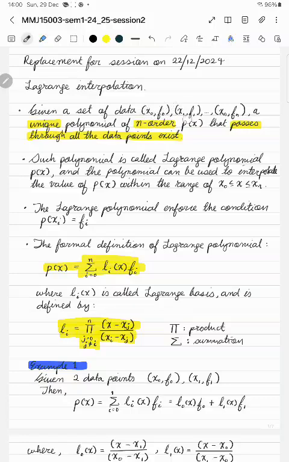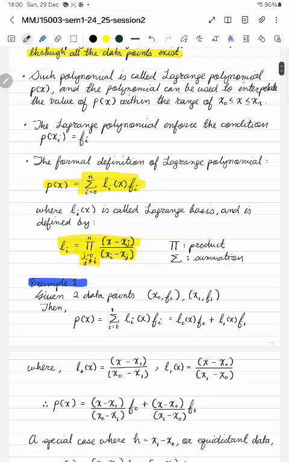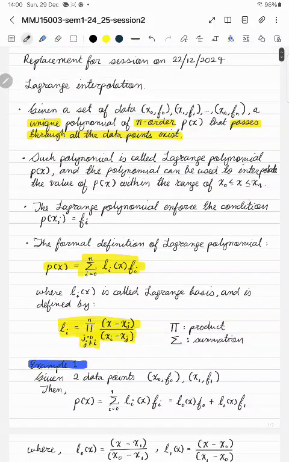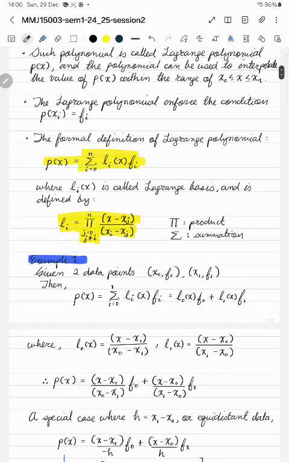It's just a set of these pairs, and the interpolation is defined as a function Li(x) multiplied by fi, which is the data at xi. Now this Li is called the Lagrange basis, and the definition is here.